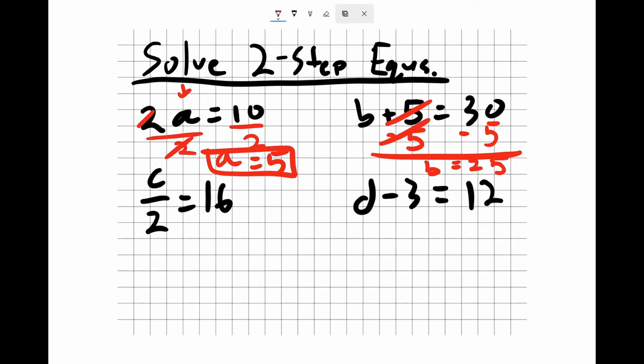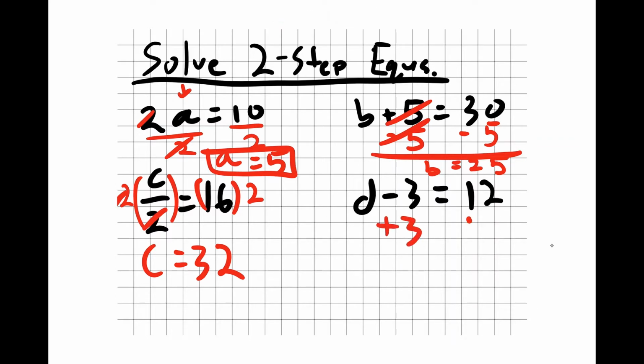Okay, again, all of these are examples of what we call simple equations because it's just one step. c is being divided by 2, so you want to multiply by 2. Multiply by 2, and you are left with c is equal to 32. Last example, you have a subtraction, so to solve you want to add. Plus 3 cancels out. d is equal to 15.